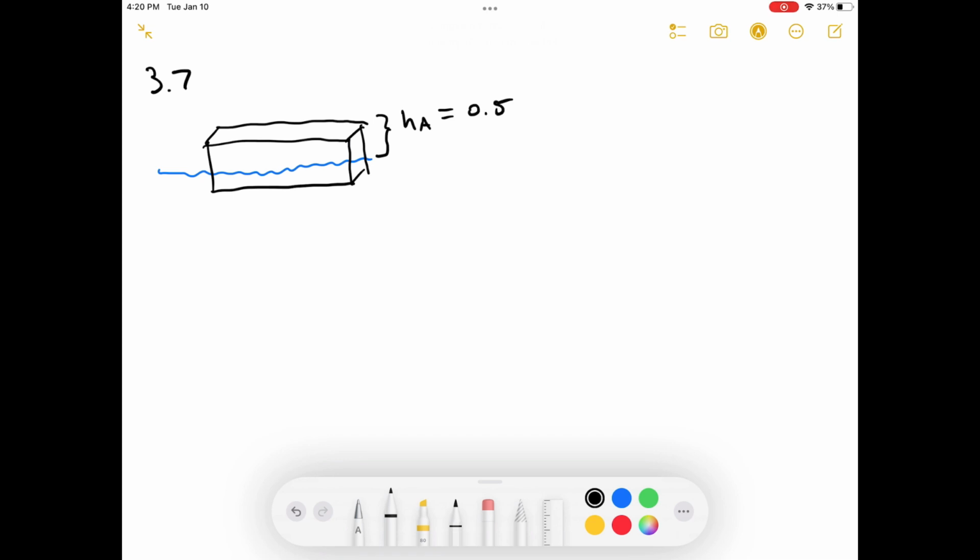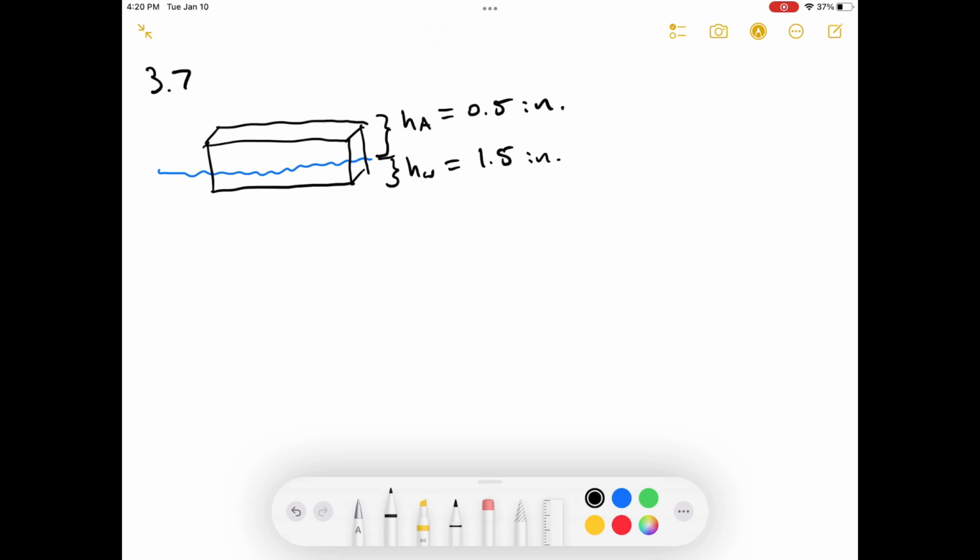And then we've got a height here that I'll call height W, and that is 1.5 inches.